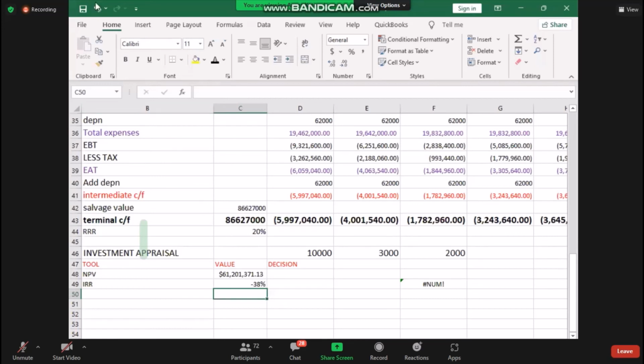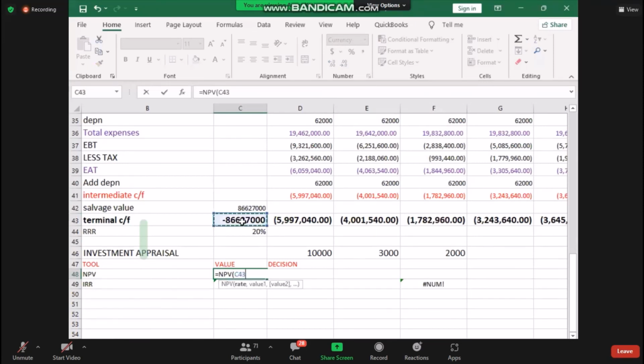I don't think there is any problem with NPV. Okay, NPV, we are saying put equal sign NPV, open brackets, and then pick on the rate, which is 20%, comma, and then the values that you have.